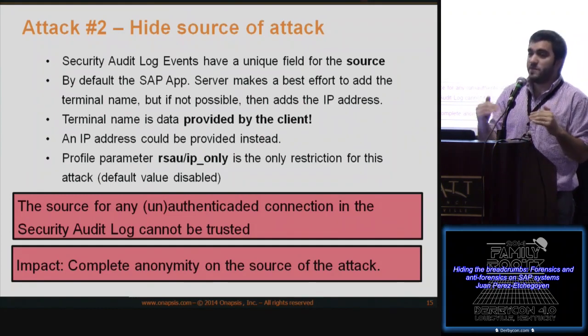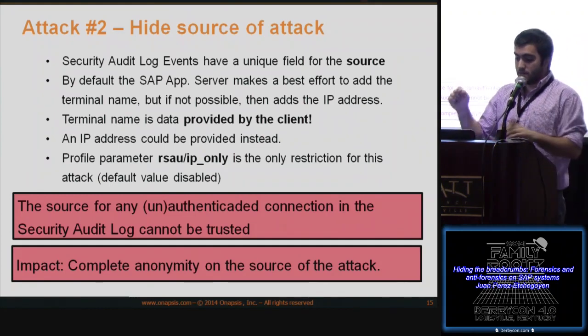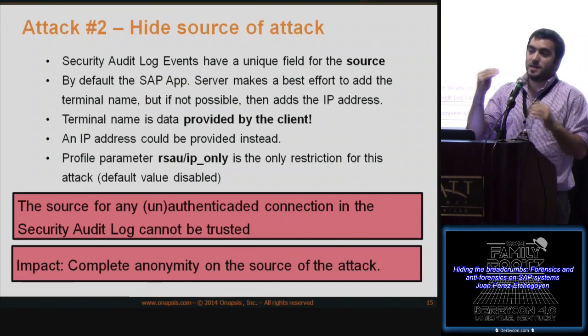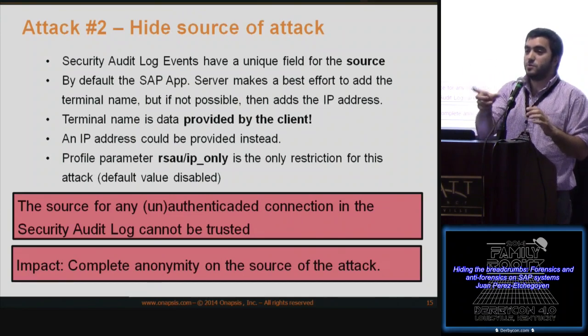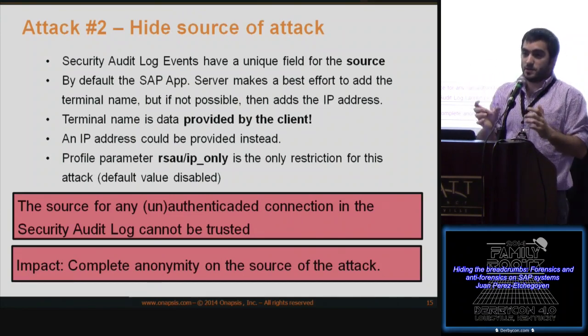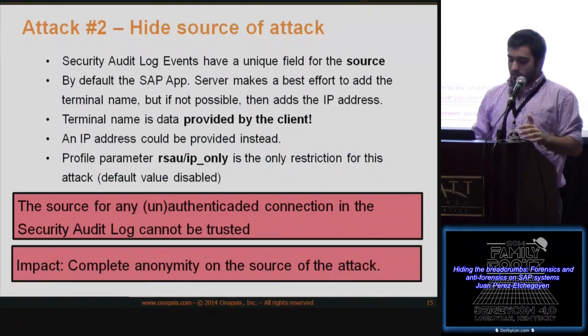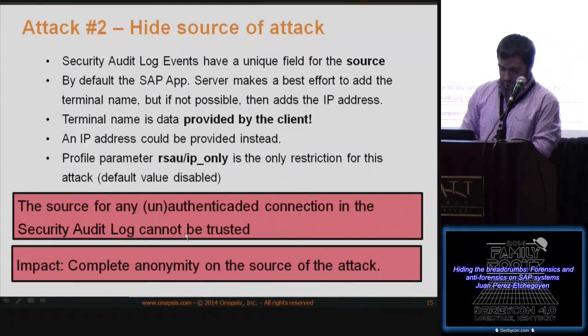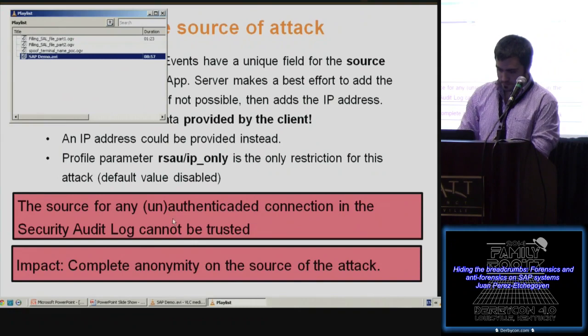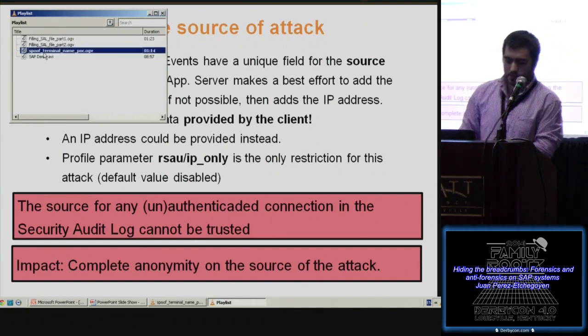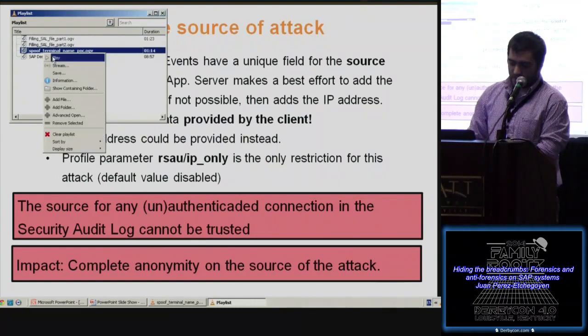Because if the profile parameter is not enabled, the terminal name is going to be there, or it could be the IP address. We don't have control of that. So what we can do is actually spoof the terminal name, right?